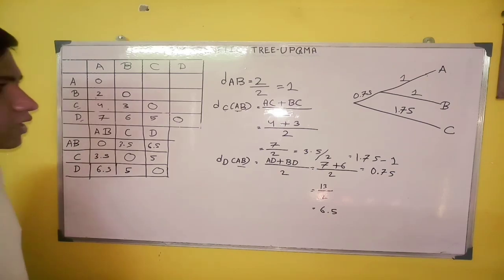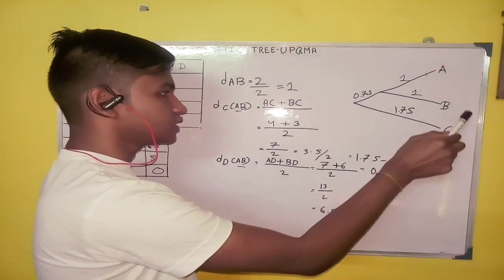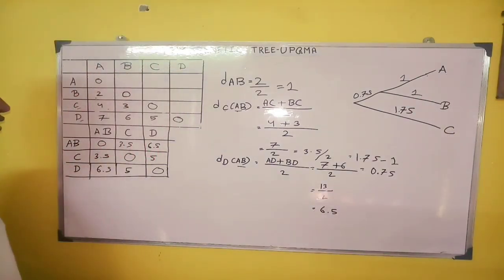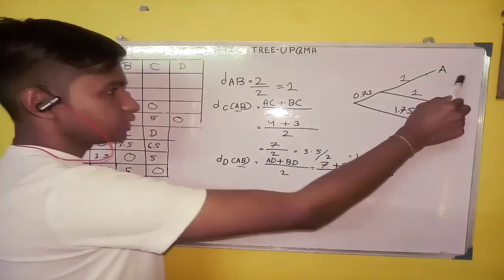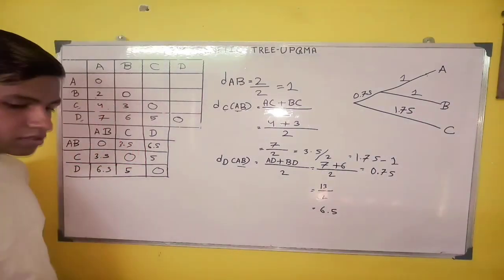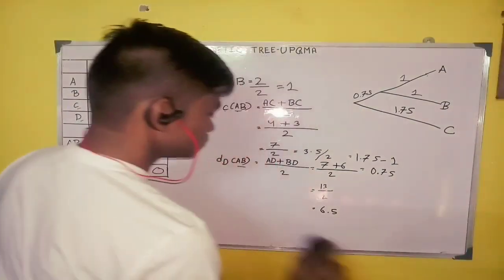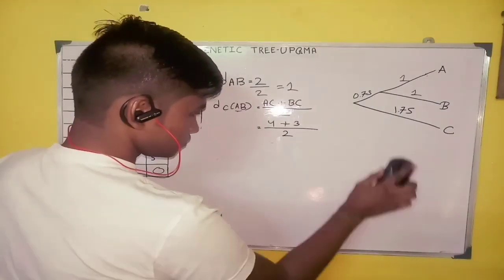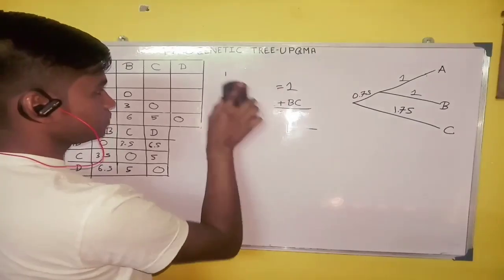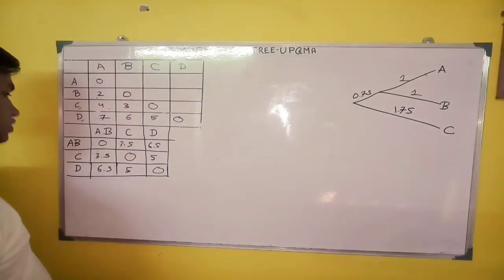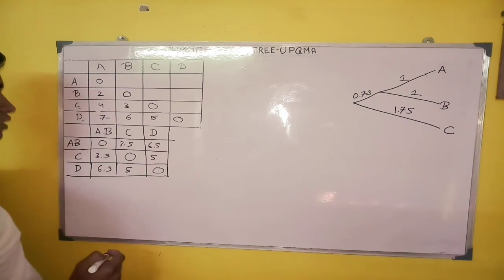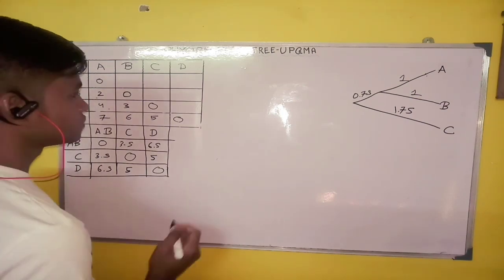But now we have three roots, A, B and C. So in this case, we will determine the distance of D in respect of A, B and C.